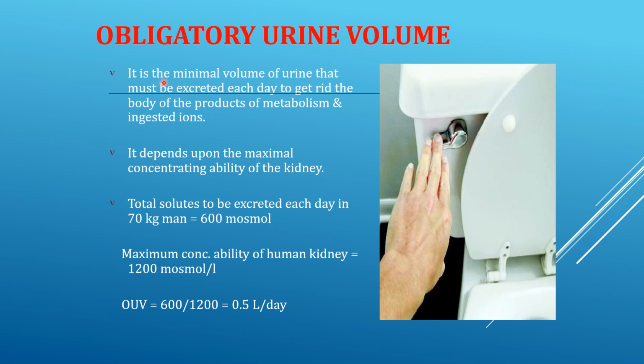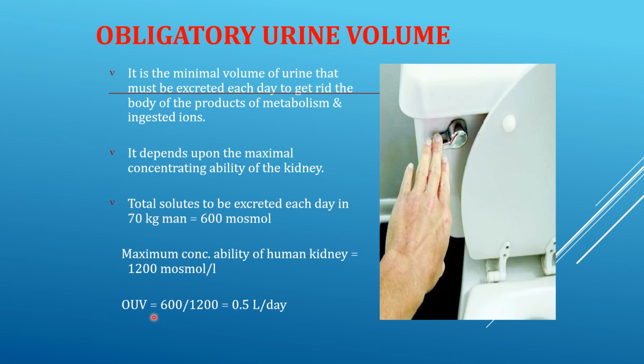So what is the obligatory urine volume? It is the minimal volume of urine that must be excreted each day to rid the body of products of metabolism and ingested ions. It depends upon the maximal concentrating ability of the kidney. Total solutes to be excreted each day in a 70 kg man is equal to 600 milliosmoles, and the maximum concentrating ability of the human kidney is 1200 milliosmoles per liter.